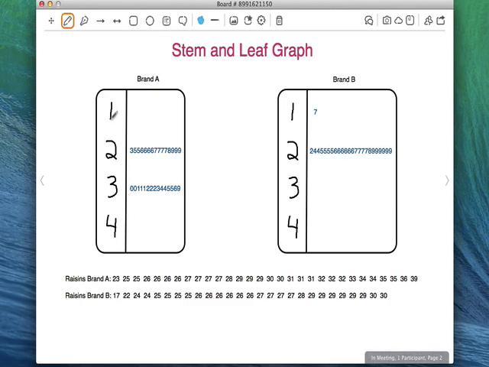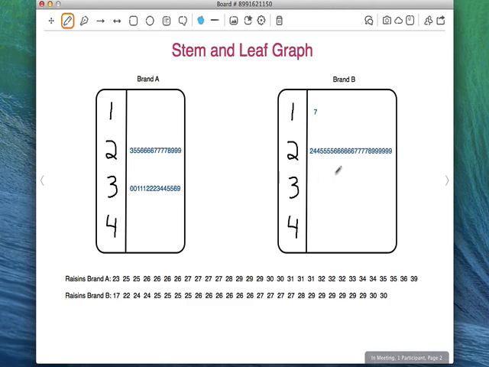So I have a stem for the tens place, 20, 30, and 40. There are no 10s for brand A, there are no 40s for brand A, and then you use the ones place to make the leaves of the graph. So we have 23, 25, 25, 26, 26, 26, and so on.